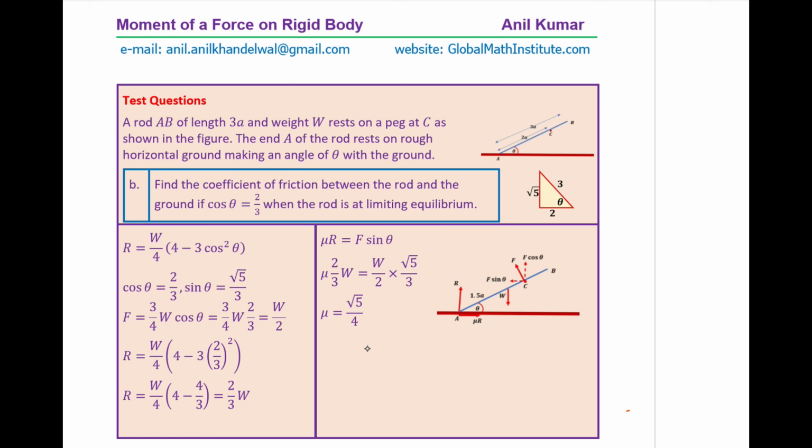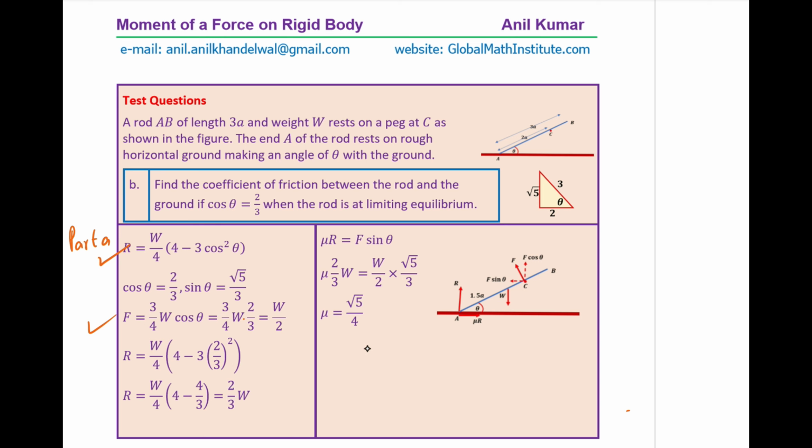So this was part A. Cos theta is given to us, so we found what sine theta is. And this is also from part A, that F is 3 by 4 W cos theta. Substituted cos theta value, which is 2 over 3, and found it is half of the weight. R also, we substitute 2 by 3 and found it is 2 by 3 of W.